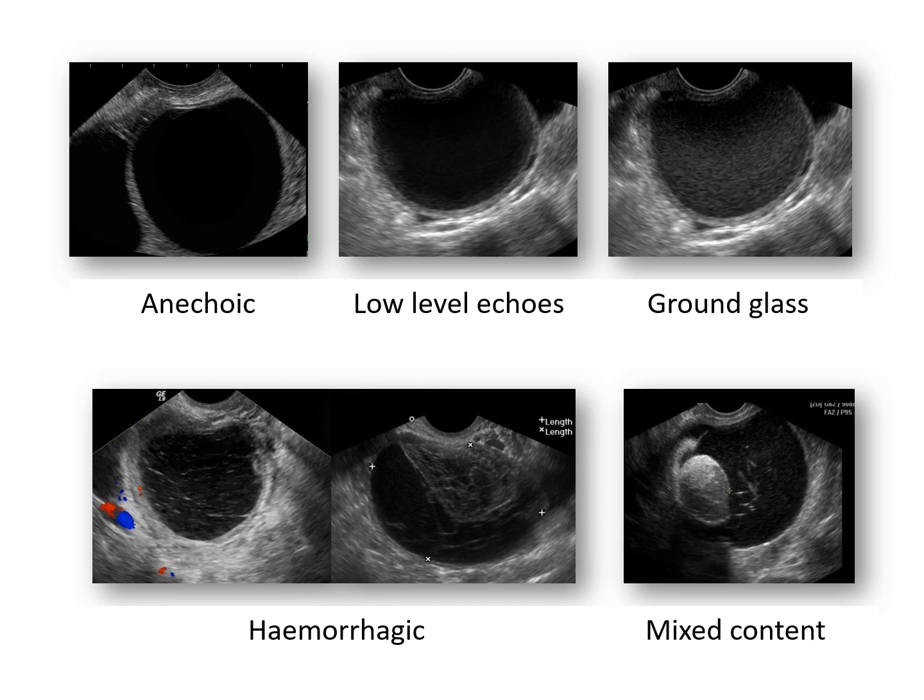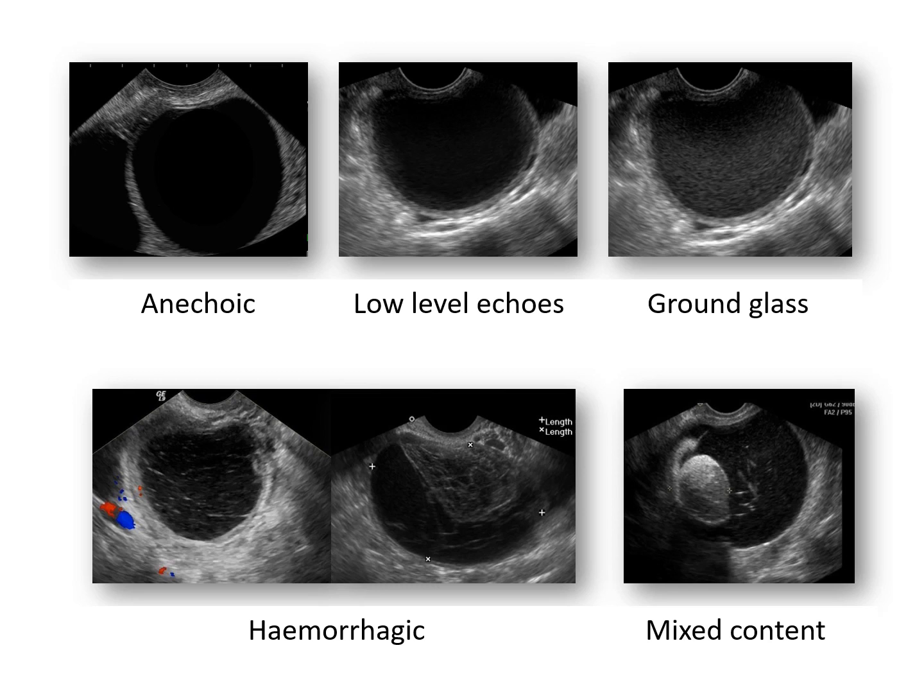The first image on the top left corner shows an anechoic cyst, that is, when the cyst has absolutely no echoes within it. You can also have slightly low-level echoes within the cyst, where you see a little bit of echogenicity, especially at the border. A ground glass appearance is when the entire cyst has uniform low-level echoes, and it is virtually diagnostic of an endometrioma or a chocolate cyst.